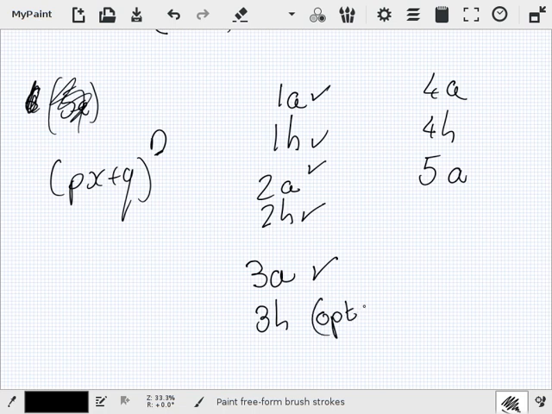It's good practice, but it's quite difficult. 4a and 4h and 5a optional. I think it's a good idea to do it, but for exam purposes, you need to have these ones I marked. If you can do 3h and 5h, it's good. Can you get a start on those for a few minutes now? You can try those for a few minutes.